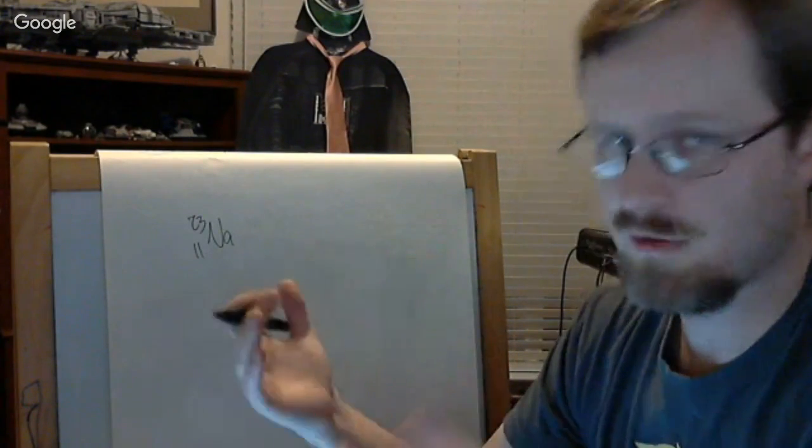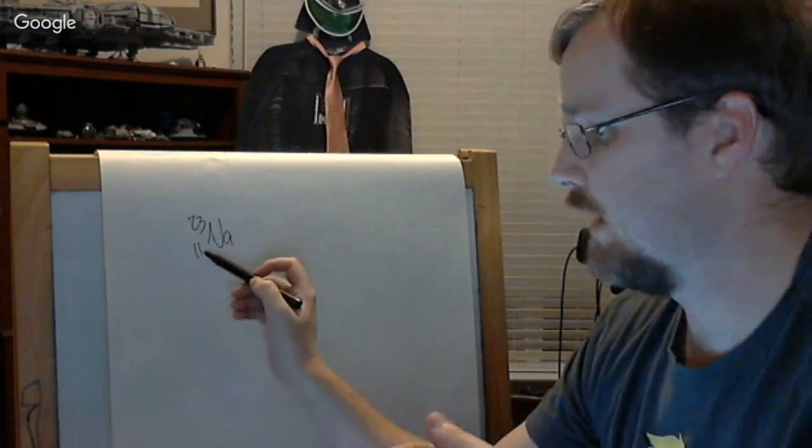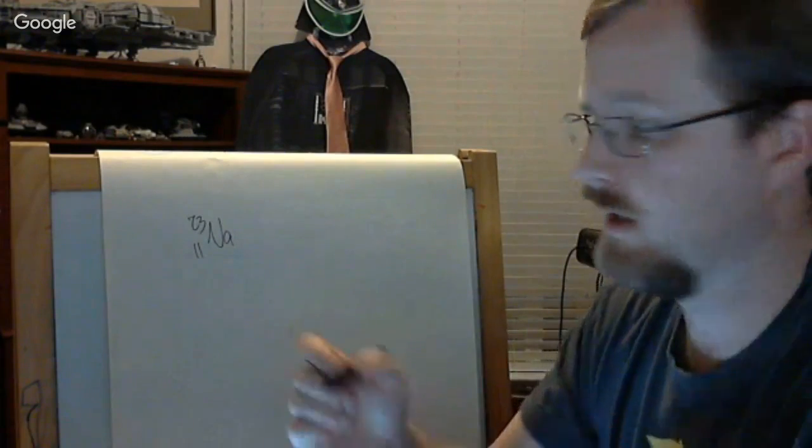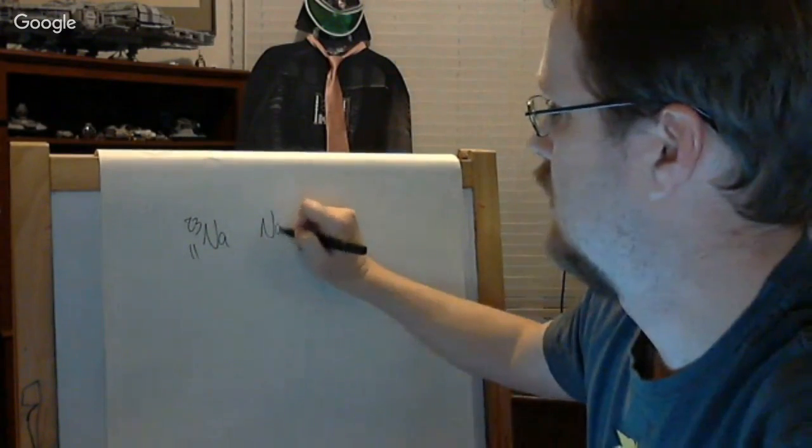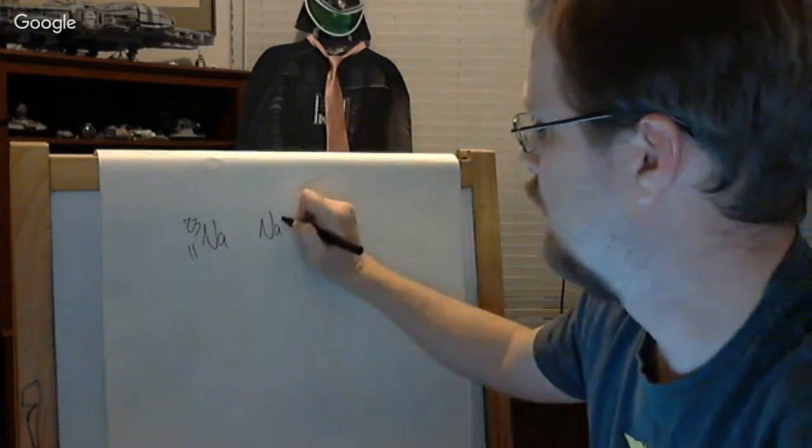You can even draw a Bohr model to help you out if you need to. If there are 11 electrons, there'll be 2 in the first level, 8 in the second level, so that makes 10, leaving 1 left over, 1 valence electron. So I'm going to draw the symbol and then put 1 electron.